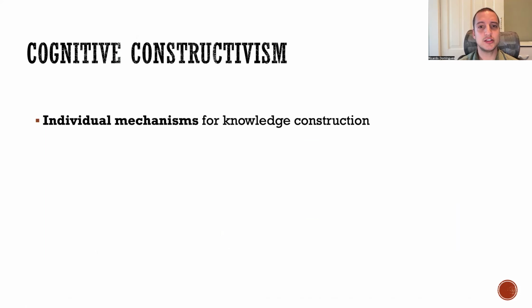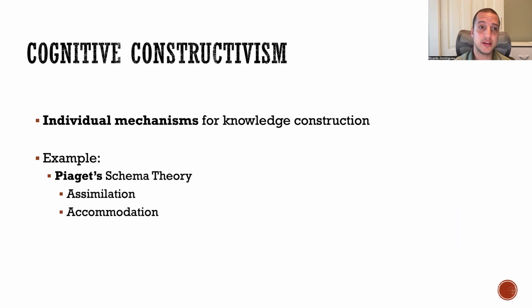First of all, cognitive constructivism emphasizes understanding individual mechanisms for knowledge construction. An example of a theory that is aligned with cognitive constructivism is Piaget's schema theory that we covered four weeks ago when we were discussing cognitive development.